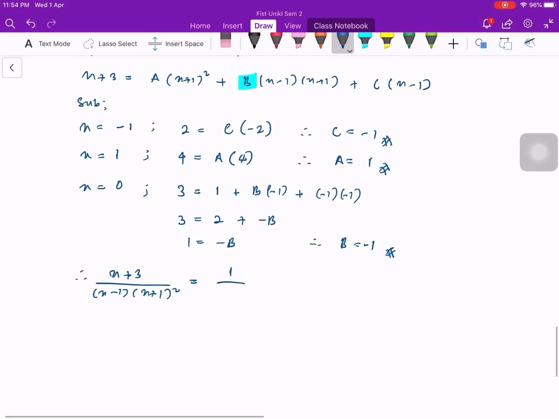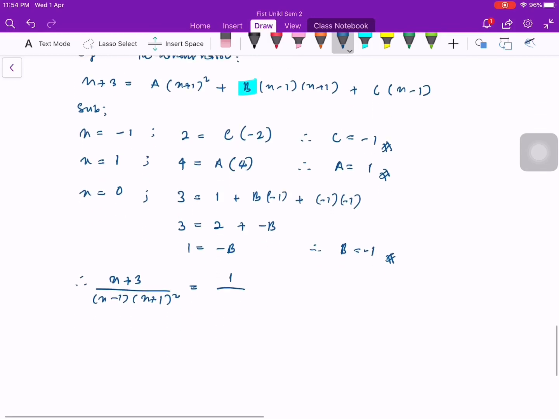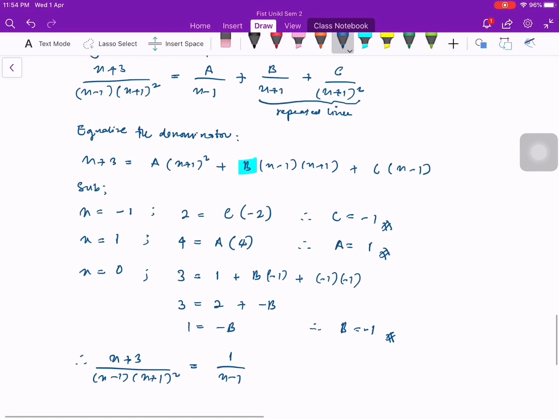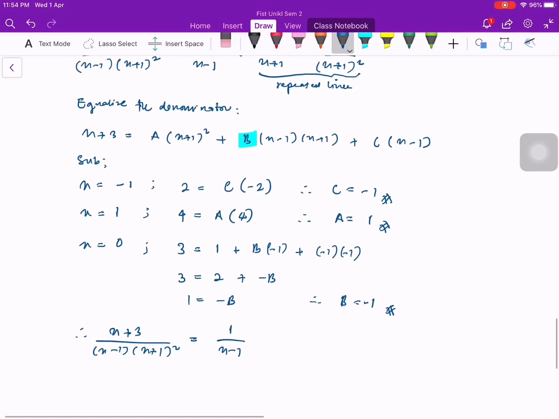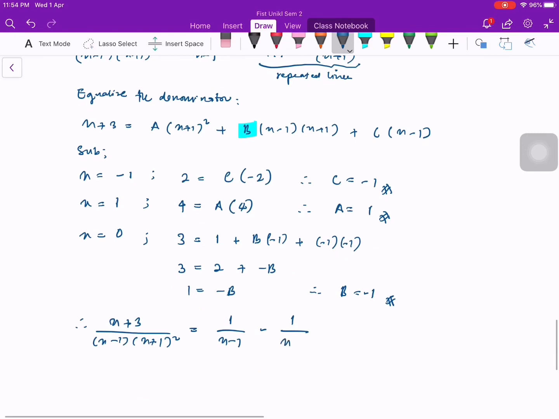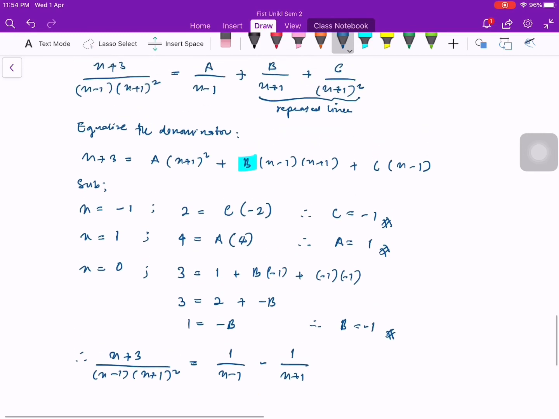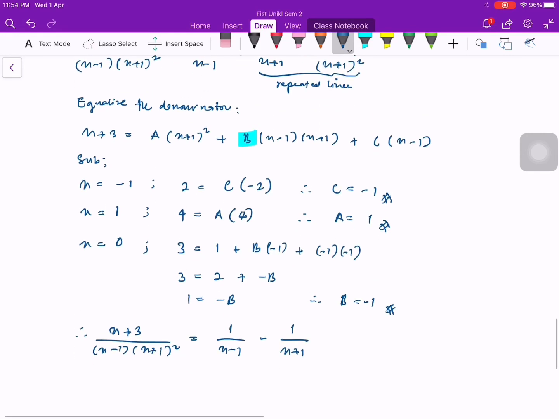Then 1 over x minus 1. Then our b is minus 1, then kita akan letak minus 1 over, for b is x plus 1. And lastly c also is minus 1, so kita akan ada minus 1 over x plus 1 squared.